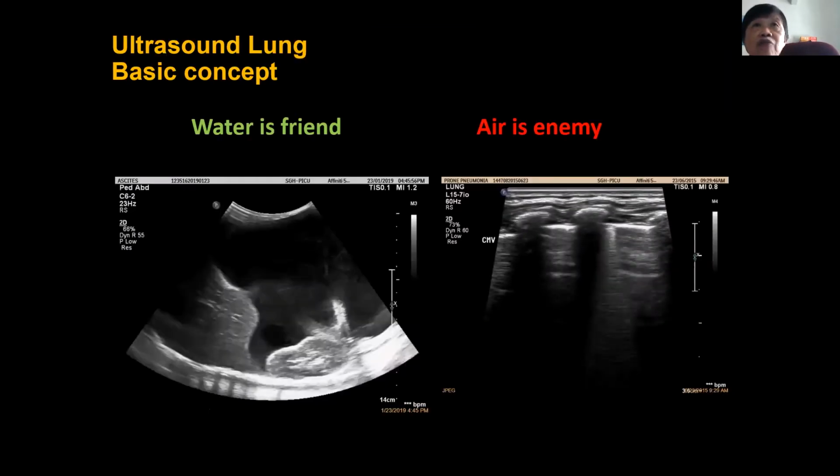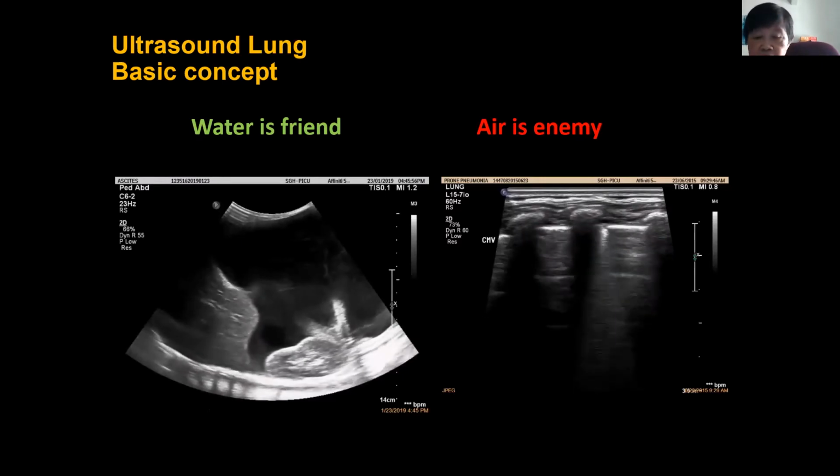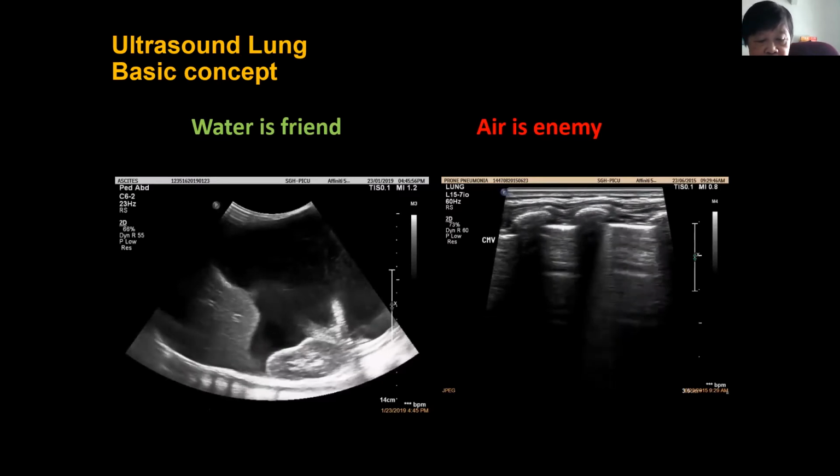So when you look at ultrasound of the lung, air is an enemy, water is a friend. Actually, because the lung is full of air, lung ultrasound was thought to be not possible. But we use it by analyzing the artifacts that may occur.